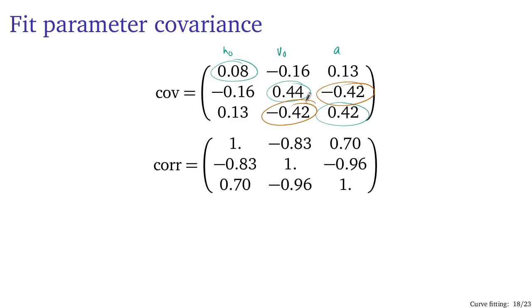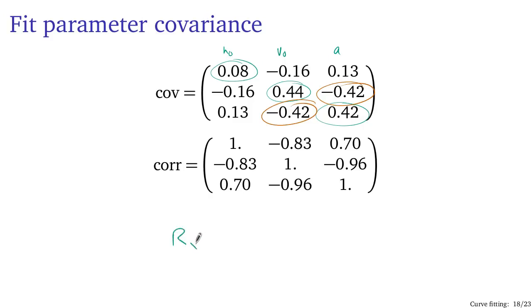Another way of looking at this covariance is to compute what's called the correlation matrix. Now, the correlation coefficients, which you've probably heard of from the perspective of how good a linear fit is, the correlation is just calculated from the covariance.